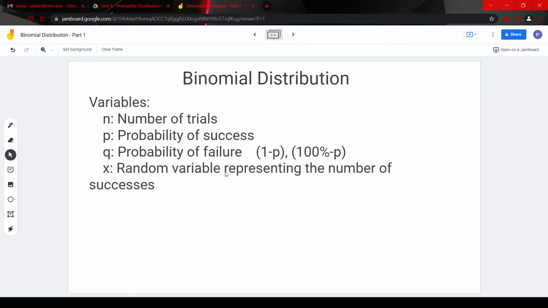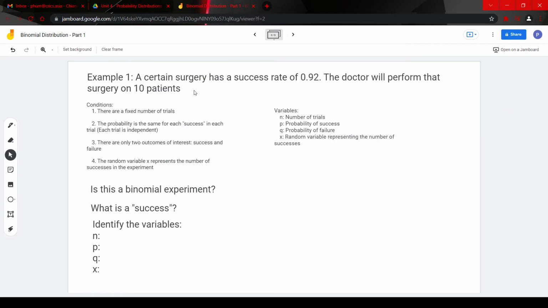To look at this closer, we're going to do a few examples to determine whether or not something is a binomial distribution, and also how to determine these variables. So example 1: a certain surgery has a success rate of 0.92. The doctor will perform that surgery on 10 patients.